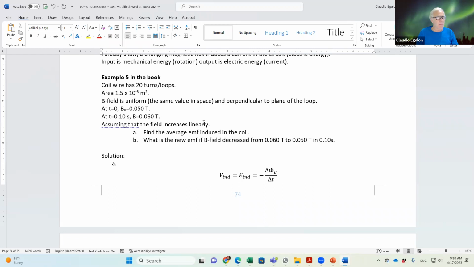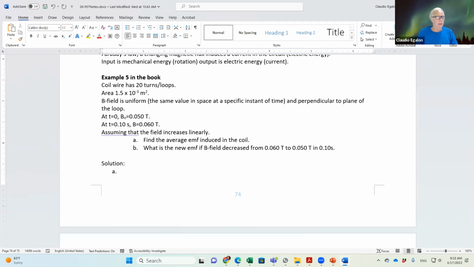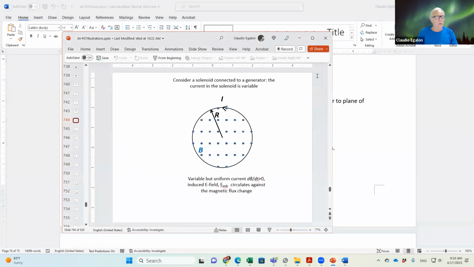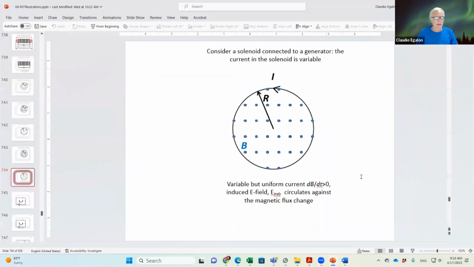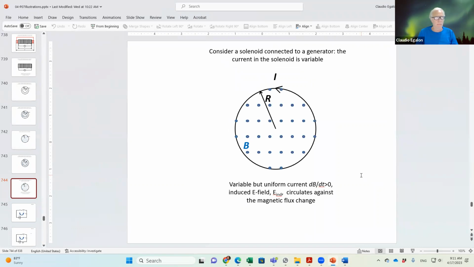Okay, same value in space at a specific instant of time. If you were to illustrate the field, it would be something like that. In this case, I make it pointing towards you.